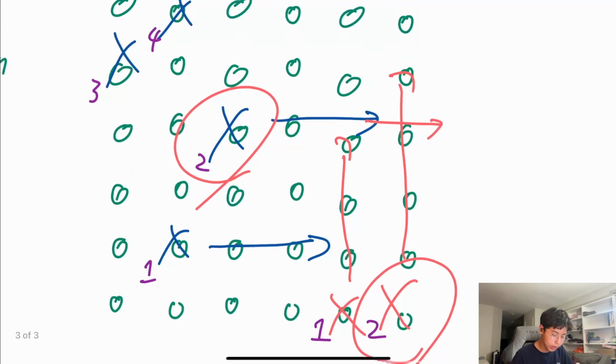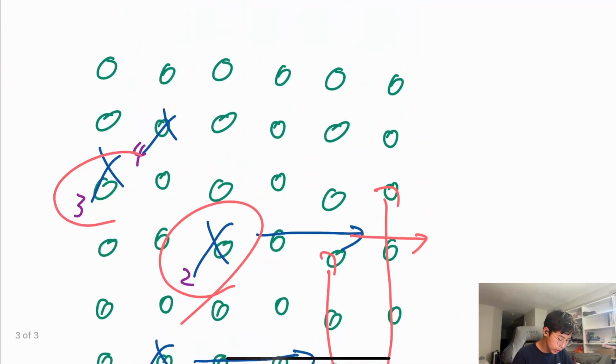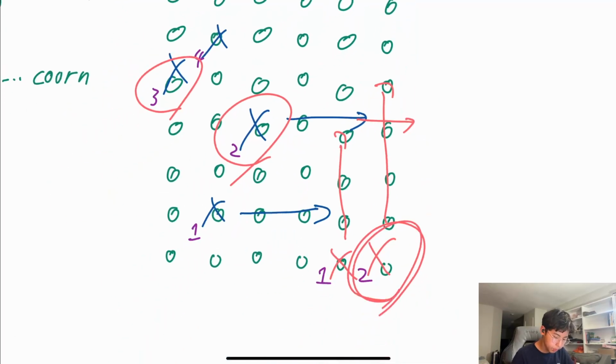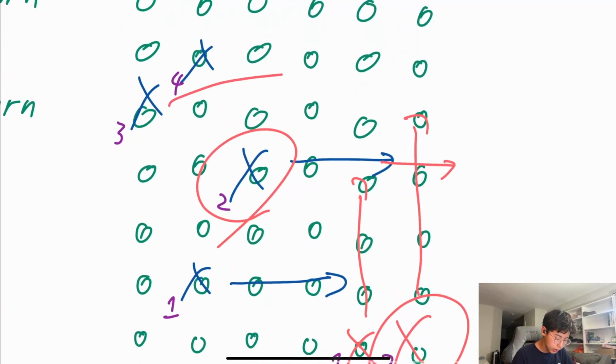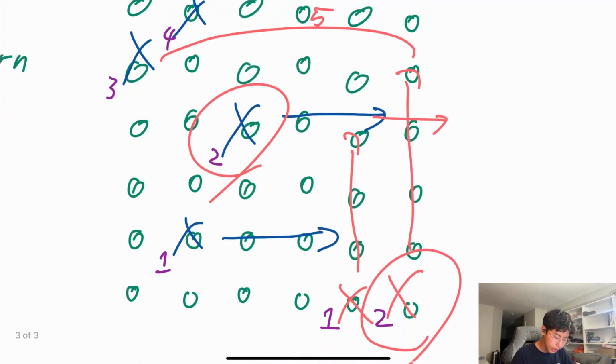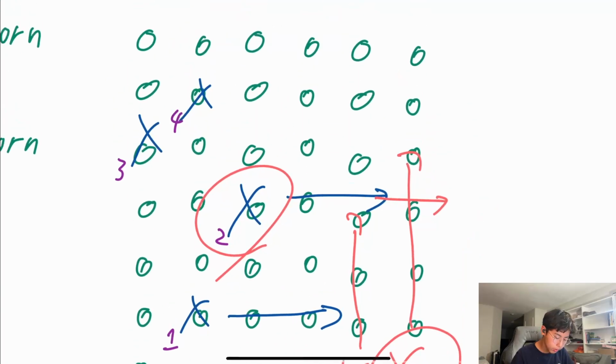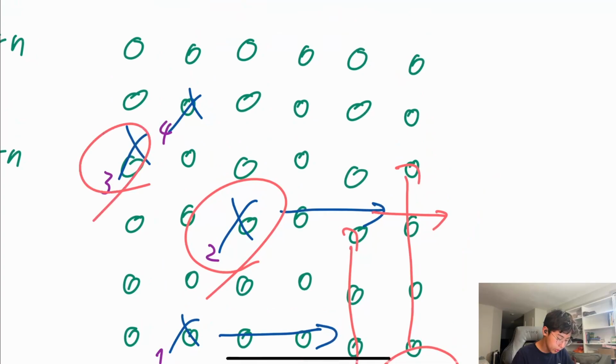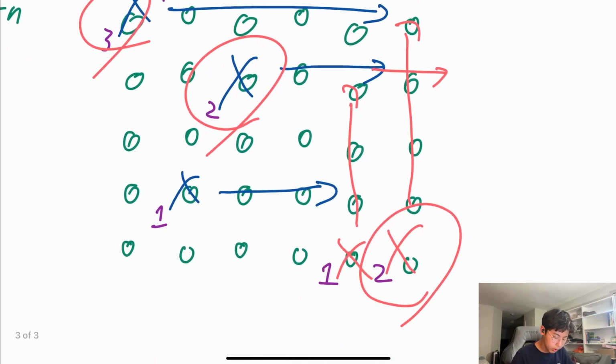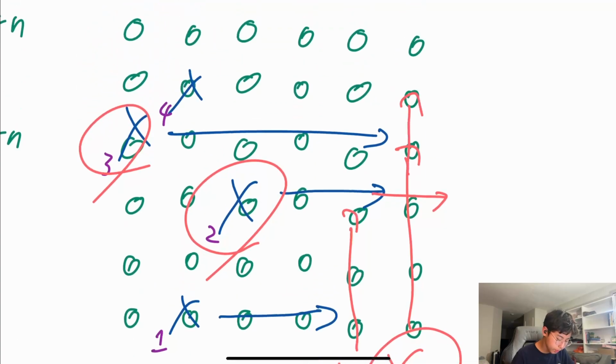This cow keeps going, this cow keeps going. Now let's get 3 and 2. So this is going to be a distance of 5, and this a distance of 4. And so this one gets stopped right here, but 2 keeps on going.